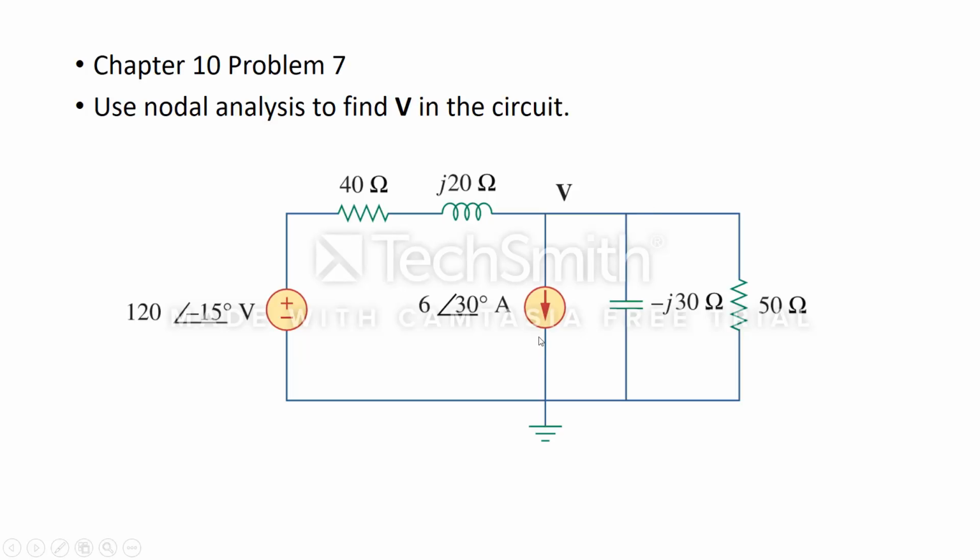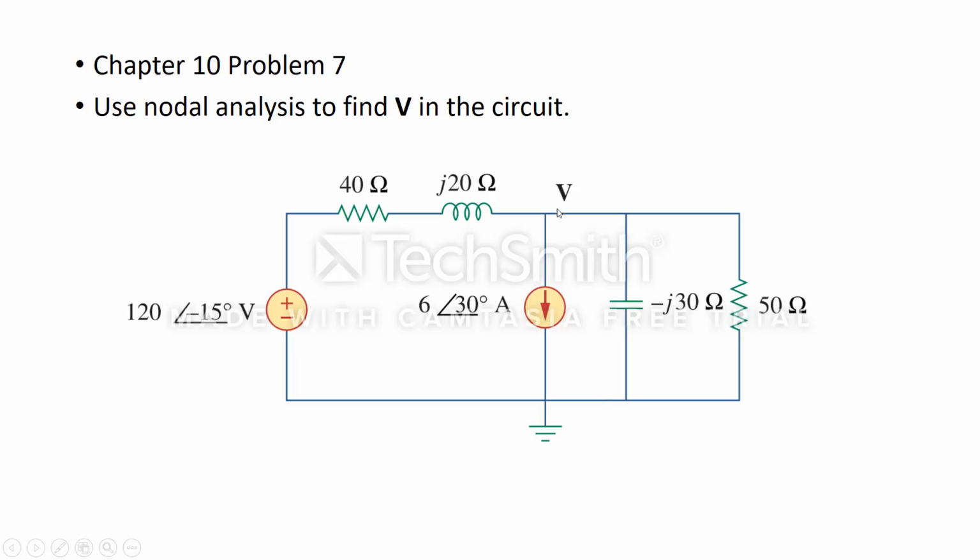There is also a current source which has a magnitude of about 6 amperes and a phase angle of about 30 degrees, connected in parallel with a capacitor having a capacitive impedance of about minus J30 ohms. And also there is a 50 ohm resistor which is also connected in parallel. And we have, as usual, a ground connection which indicates that this is the zero potential point.